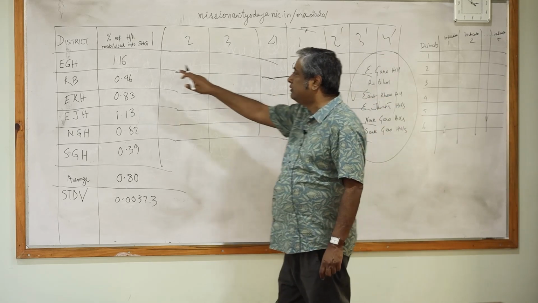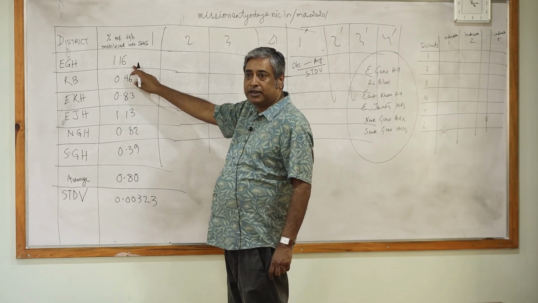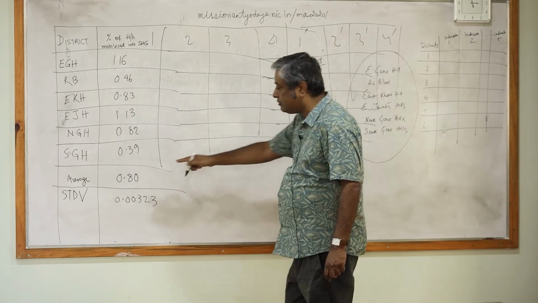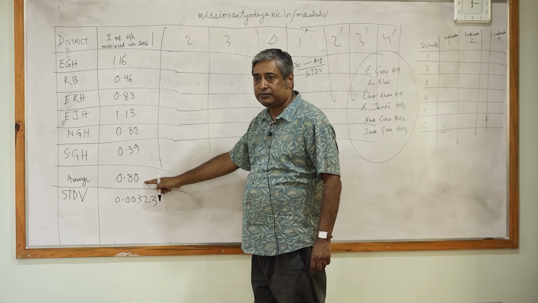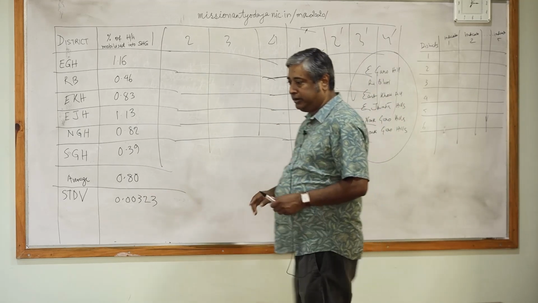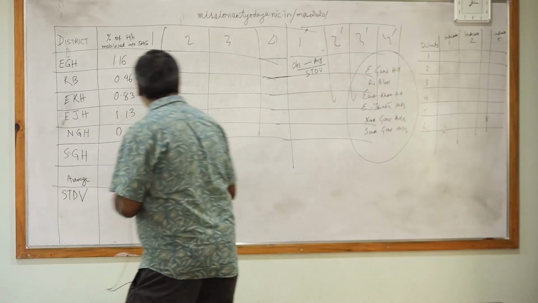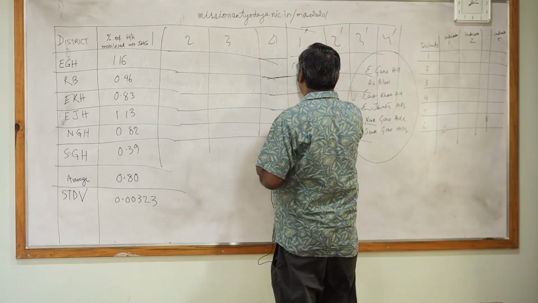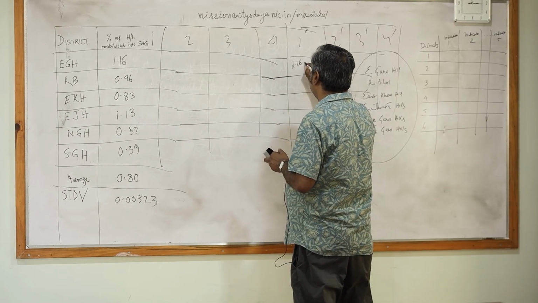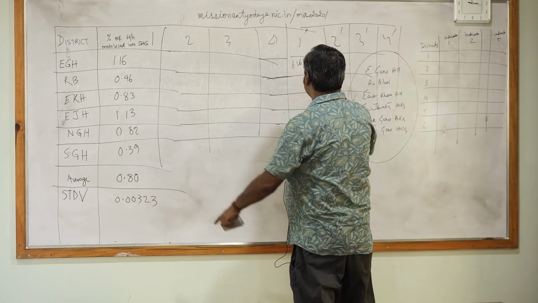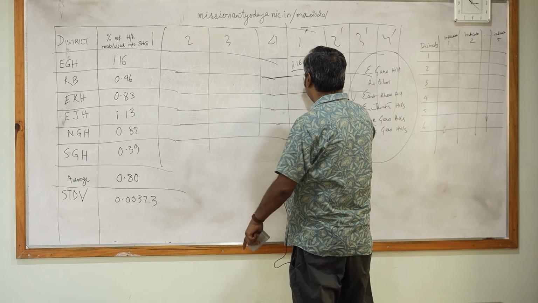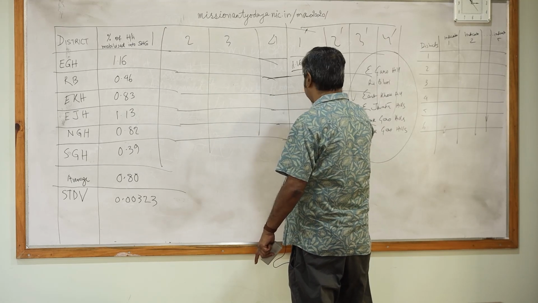Observation is what? This value. This was the observed value. Minus average. That was the average. Divided by standard deviation. Observation minus average divided by standard deviation. So the observation was 1.16, minus the average, 0.80, divided by the standard deviation, 0.00323.